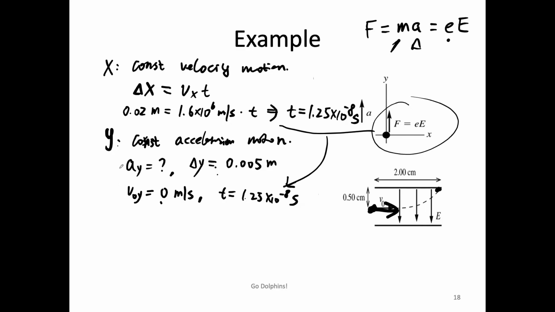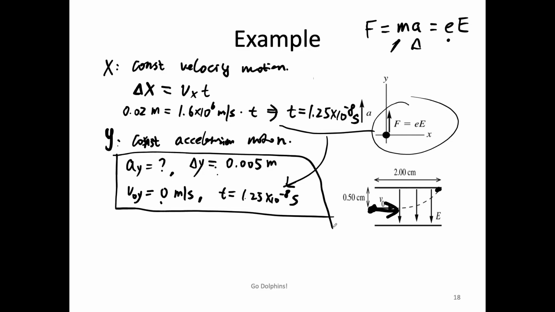So you need to find which of those 5 equations in constant acceleration motion has acceleration, displacement, initial velocity, and t. If I remember correctly, it should be the third one, that delta y equals v0y t plus 1/2 a t squared.